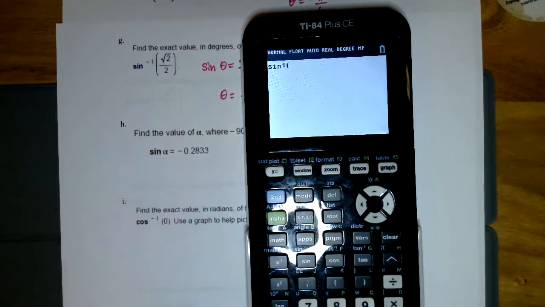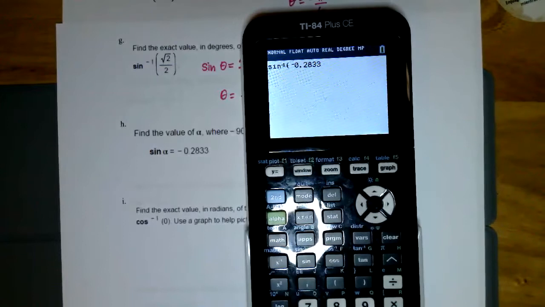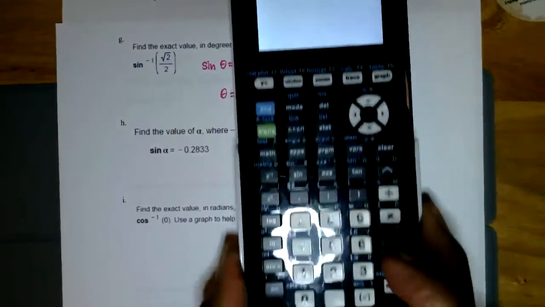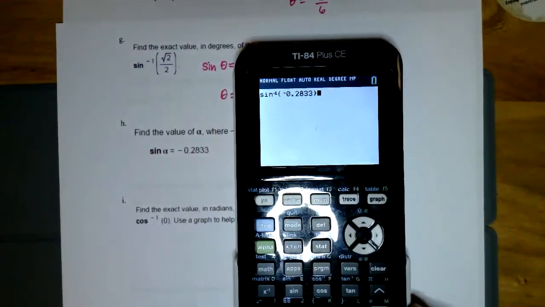In this case, we're going to type in negative 0.2833. Now make sure that you use the negative key at the very bottom of the calculator and not the minus sign. Do not get those confused. Close parentheses and then press enter. And this will be your angle measure between negative 90 degrees and positive 90 degrees.